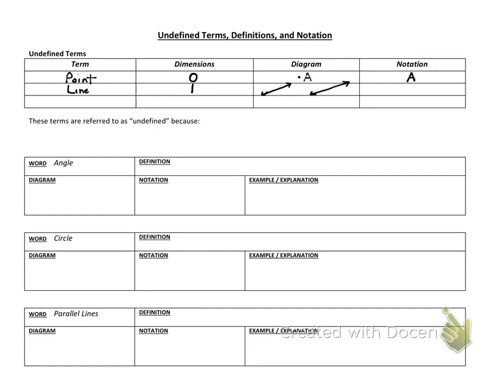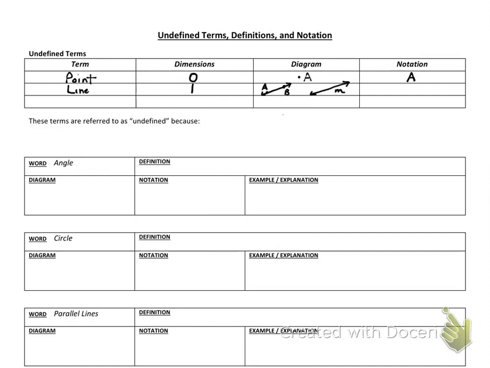So maybe you've got a couple of points on this line, and they are A and B. There's A, and there's B. Or maybe you've got another line somewhere in a diagram, and they don't even have points on it, and they just have this lowercase m right next to it. And it's always going to be kind of italicized when you see it like that, but it's okay. There's a lowercase m right next to that.